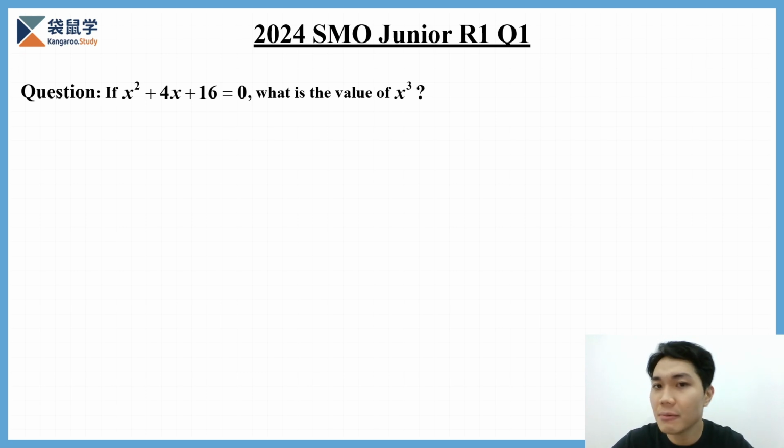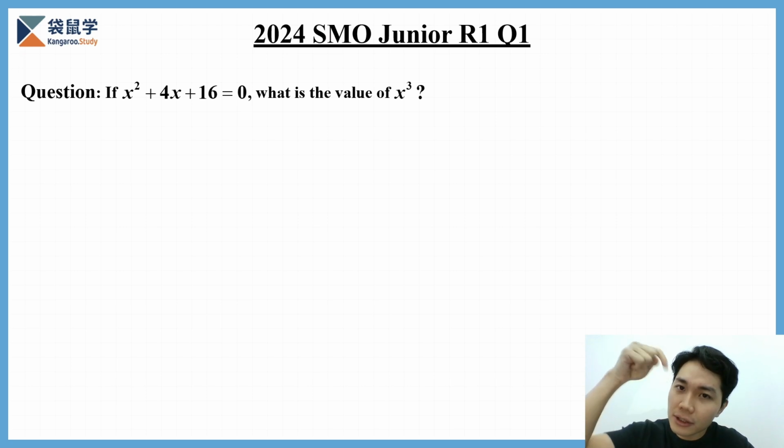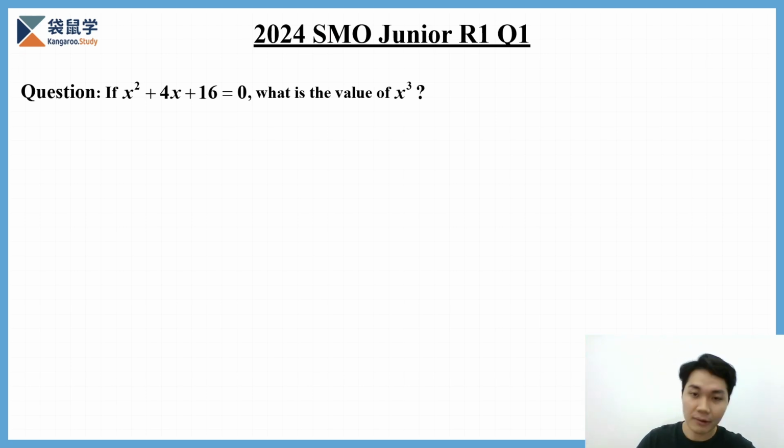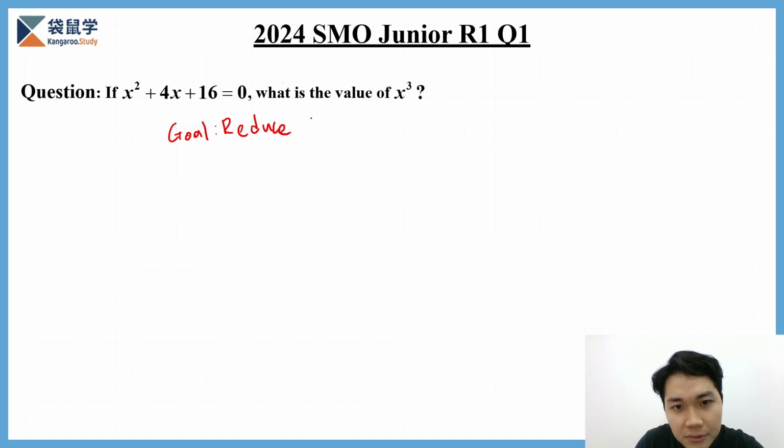Or we can also say we want x to the power of 0, right? No variables. And we're trying to go from x cubed to x to the power of 0. So our goal is to go from a bigger power down to a smaller one. Let's write it down: our goal is to reduce the power.